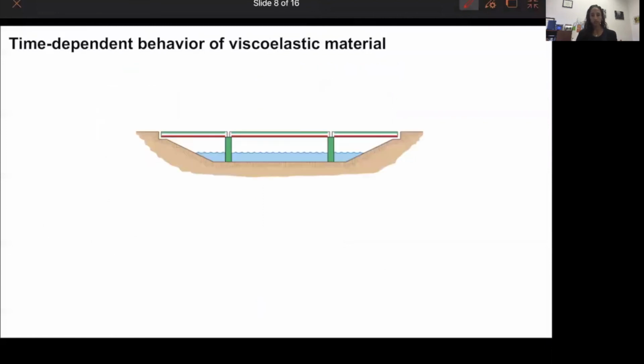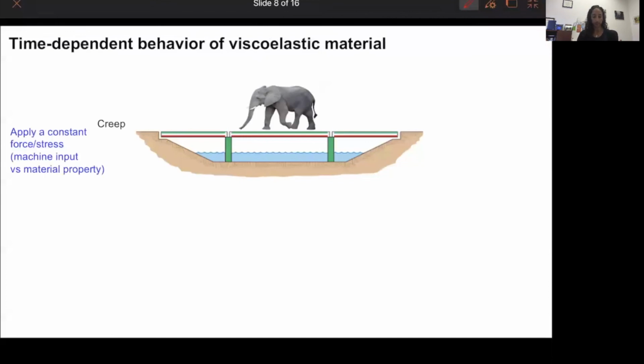So to look at this more graphically, I created a bridge with an elephant on our bridge. So let's suppose that we made a bridge. For some reason, we made it out of polymers, plastic materials, which tend to be viscoelastic in nature. So if we think about a creep behavior where we're applying a load, we have an elephant that's crossing the bridge, but this elephant decides to just hang out in the middle of this bridge for a certain period of time.